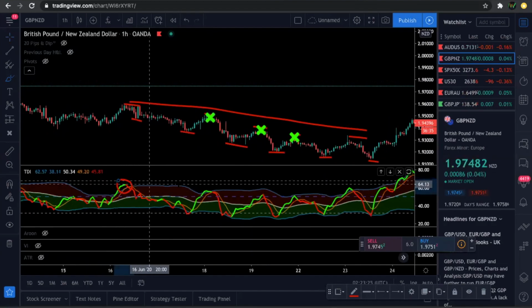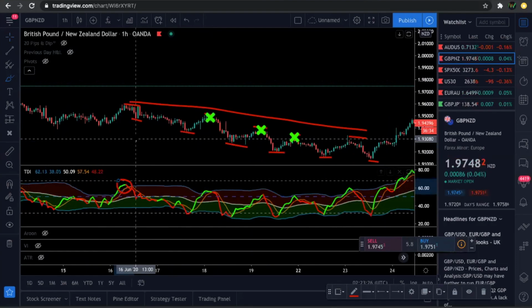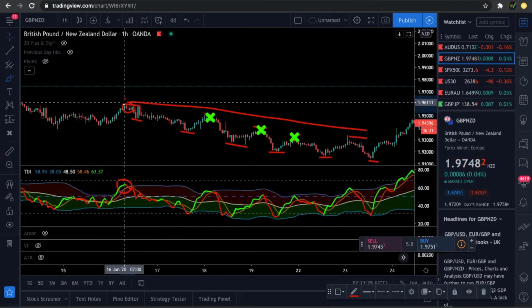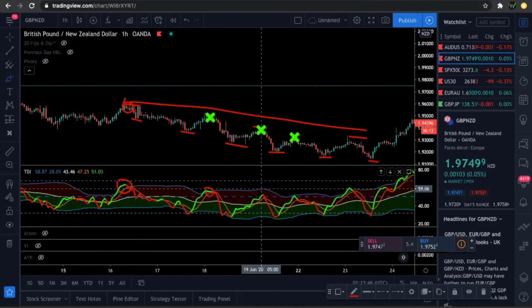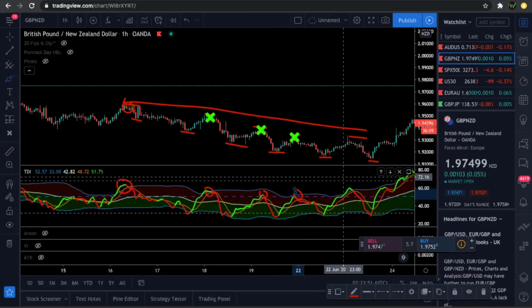But if you can see it, you can see it. Sorry, I can't hear you, you're breaking up. But this is a good entry for a sell right here. Good entry for a sell. Shark fin. Shark fin. Okay.